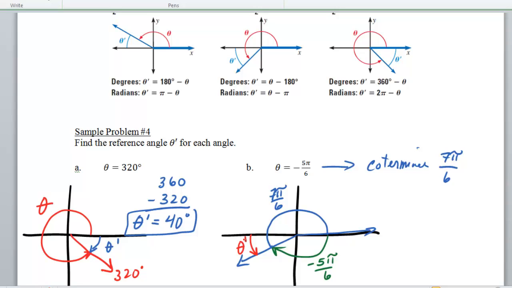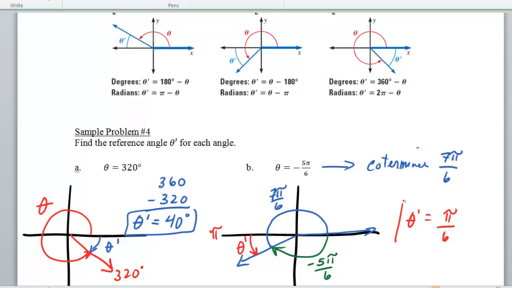And so we know that we're dealing with pi in that particular part right there. So we would want to subtract pi from the 7 pi over 6, and when we do that we learn that our reference angle is simply pi over 6.